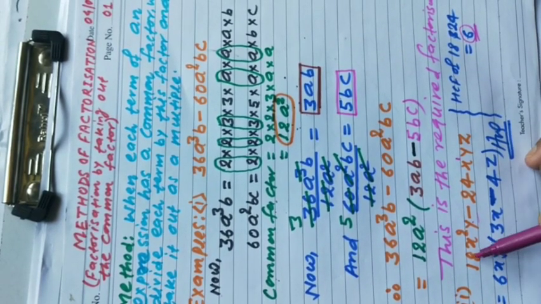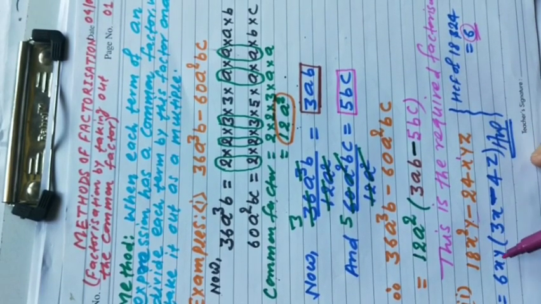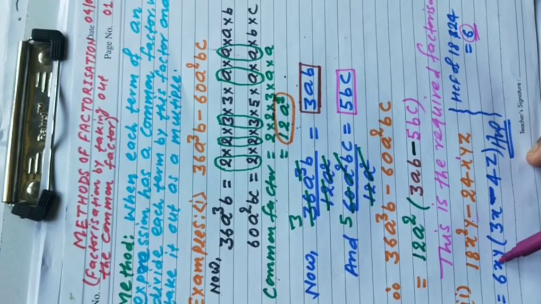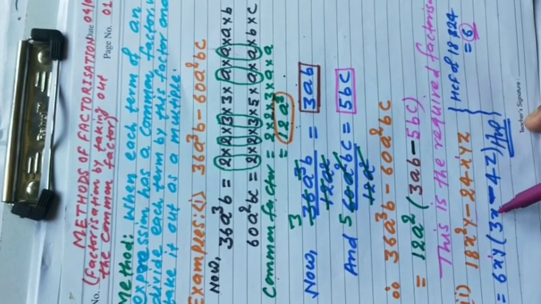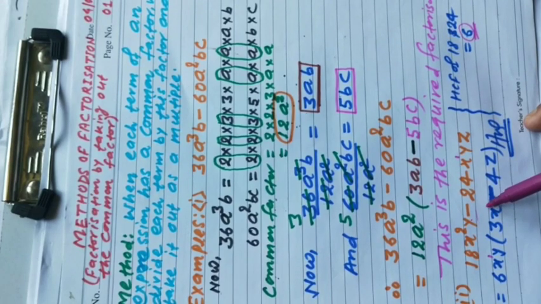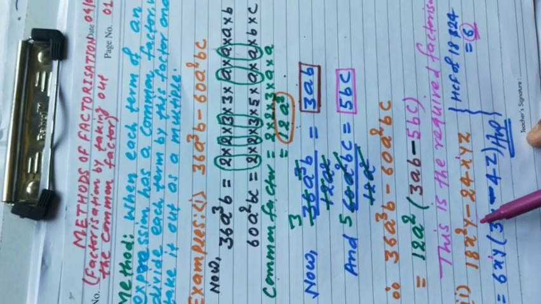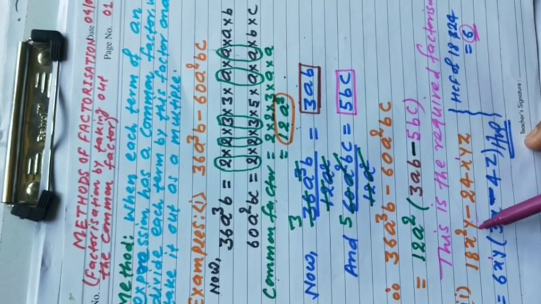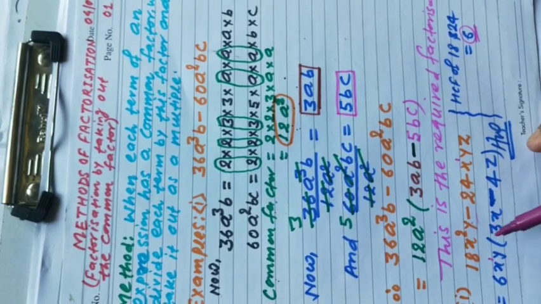Then divide 18 by 6. What will be the quotient? 3. And we have common x power 1, and x power 2 is there, so x power 1 will be left. So we have written here x, and y is taken as common. So 3x will be left in the first term.